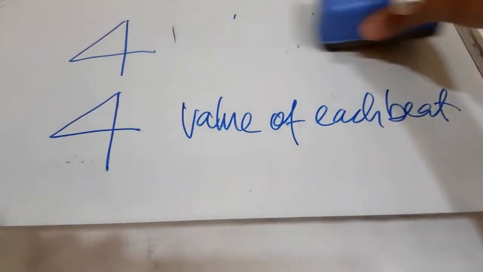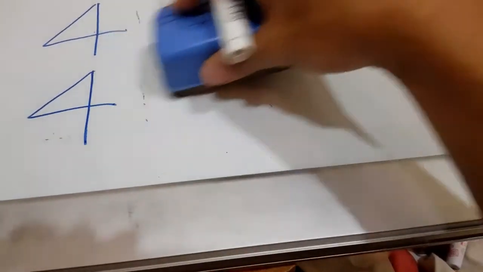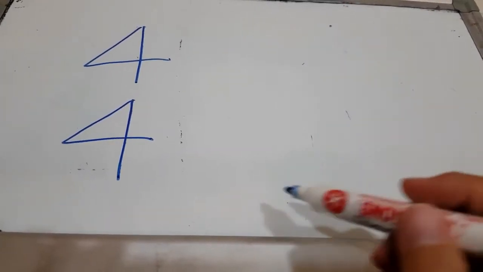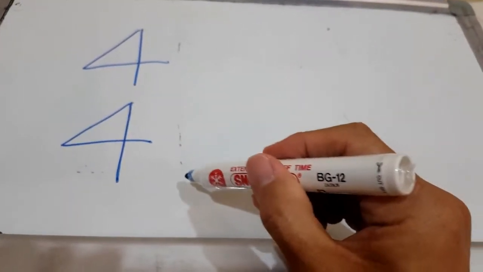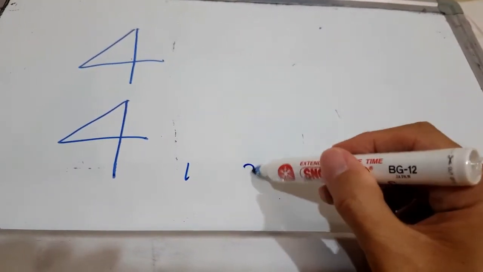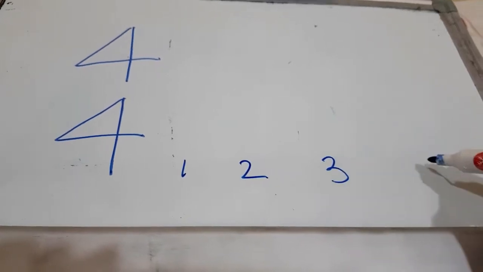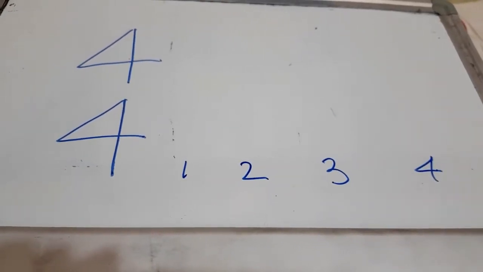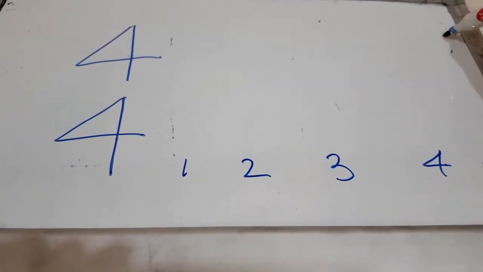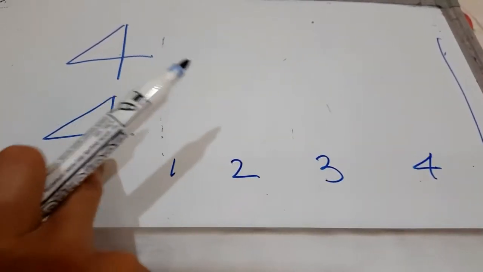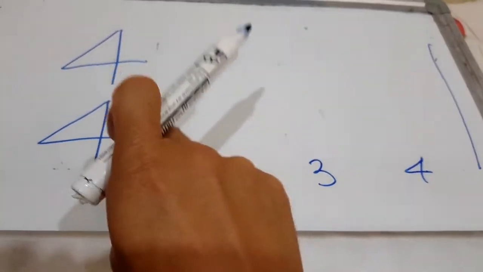So that means if we have 4 on the top, it means there are 4 beats in one measure. This is our measure. From here to here is one measure.